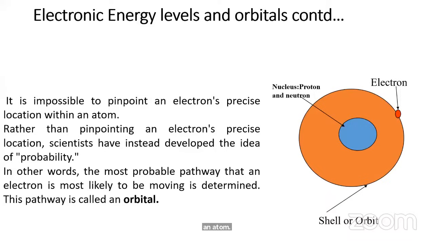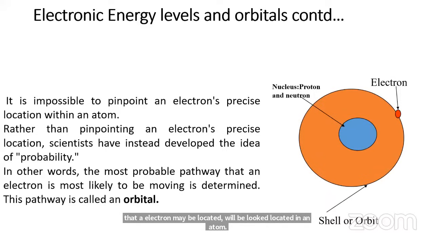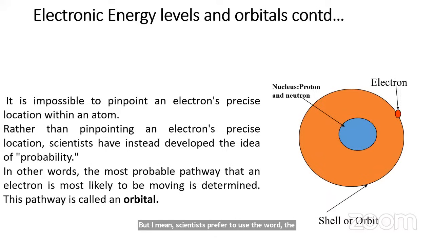But we must define a place for the electron in the atom. And so the idea of probability came into existence. So instead of saying that this is a particular place that the electron will be located in an atom, scientists prefer to use the word probability. That is, the probability of finding an electron in a particular place is what is being used.